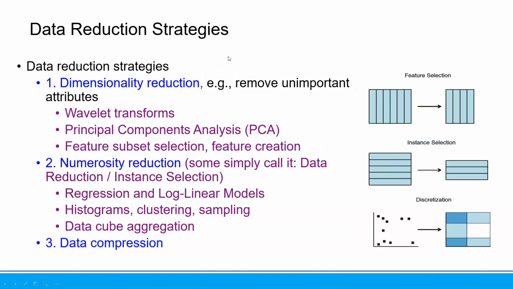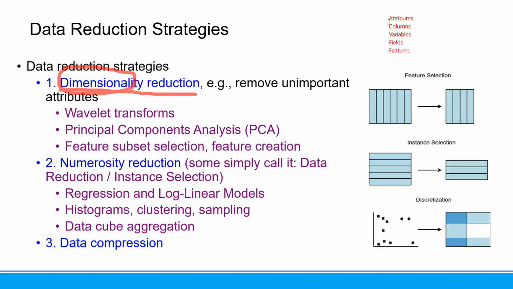So there are some strategies you can learn. First is the dimensionality reduction. Dimension, do you still remember what is it? Dimension, we call it attributes, or we can call it columns, variables, fields, features.